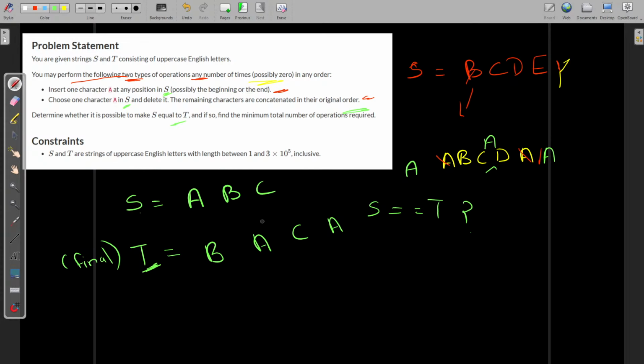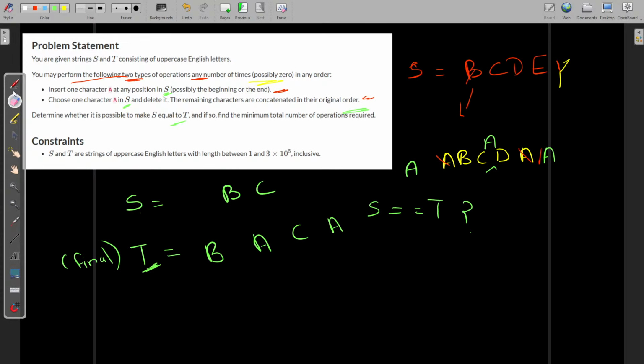We can delete all occurrences of A and insert A in the first string, right? So I will just completely erase all occurrences of A from string 1, just for my convenience. I'm trying to figure out an approach. There can be multiple approaches. I'm trying to figure out if I first remove all the occurrences of A and then only insert them wherever they are required. Obviously, it will take more steps, but it will help us find whether we can actually make S equal to T or not.